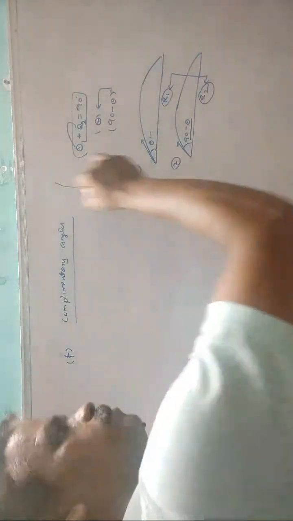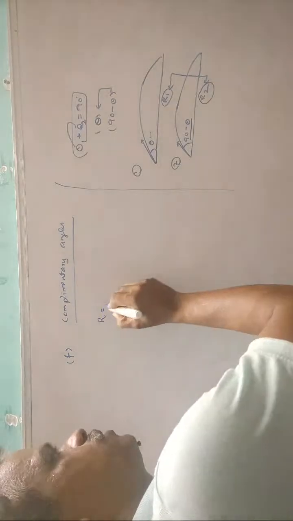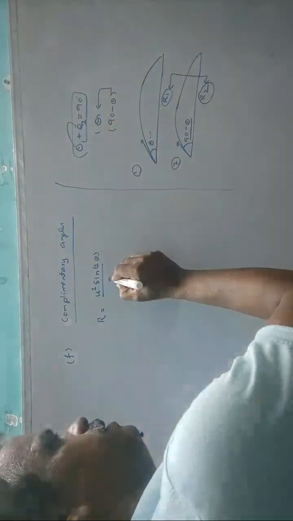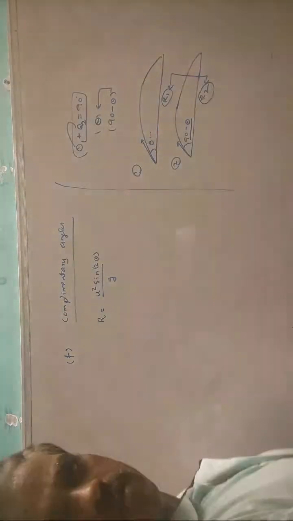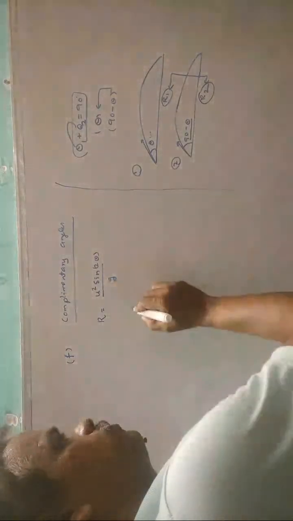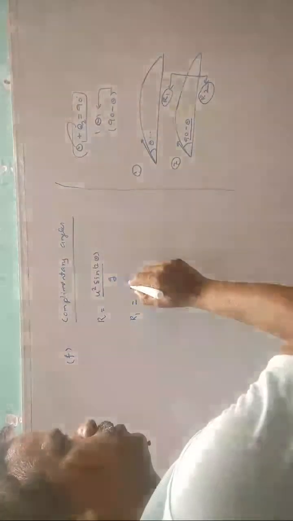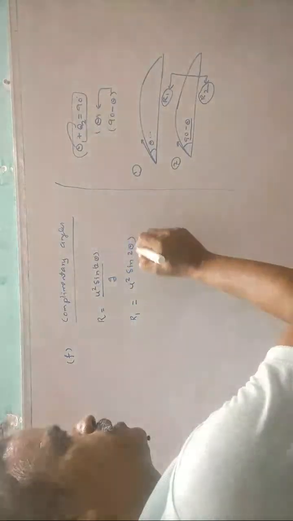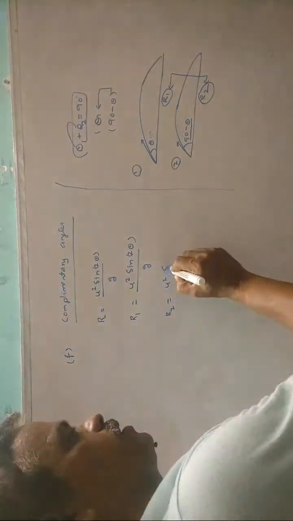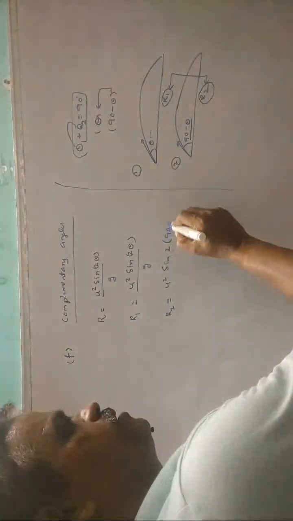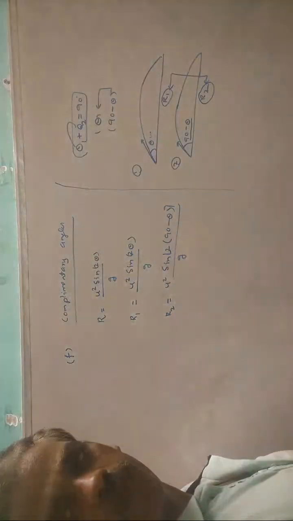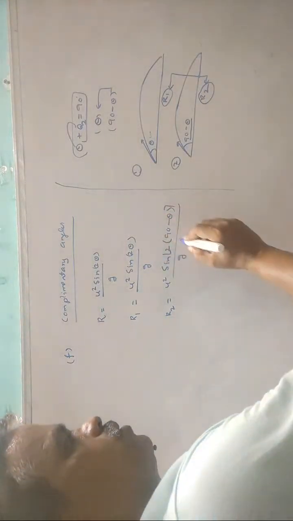For that, we already have range equal to u square sine 2 theta by g. So R1 equals u square sine 2 theta by g, and R2 equals u square sine of 2 times (90 minus theta) by g.